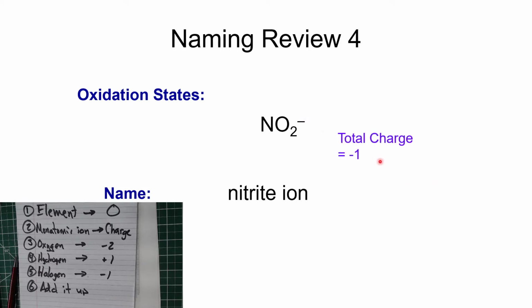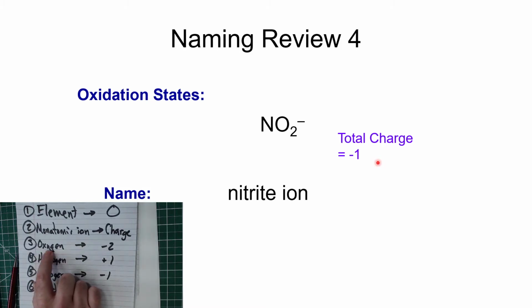So the total charge is negative 1, and the sum of all our oxidation states has to come out to that negative 1. So now we'll go through our list. Is a monatomic ion present? And the answer to that is no, so we're going to skip that. If this had been like sodium nitrite, then yes, there would have been a monatomic ion, but we're just looking at the polyatomic ion by itself.